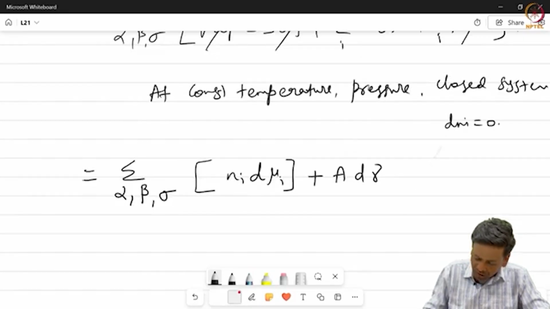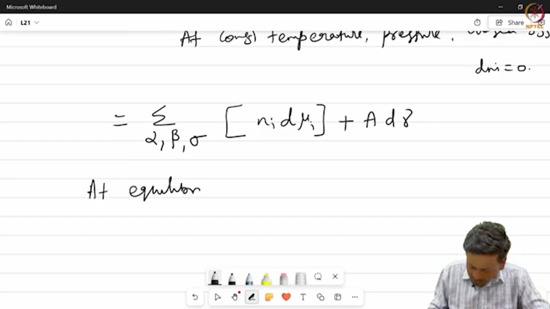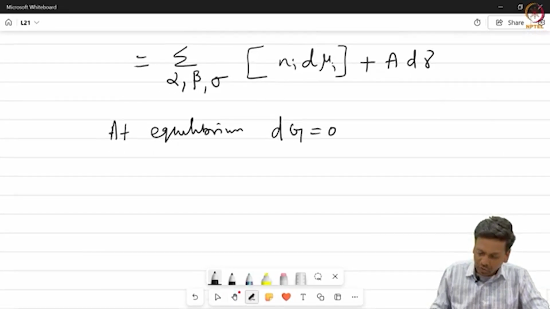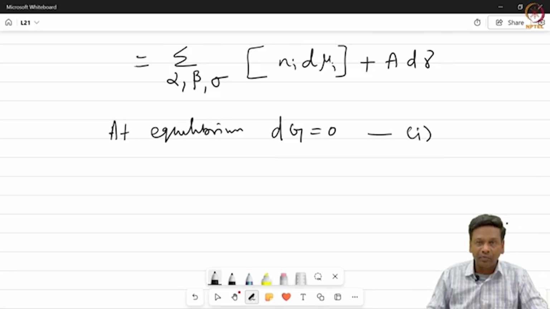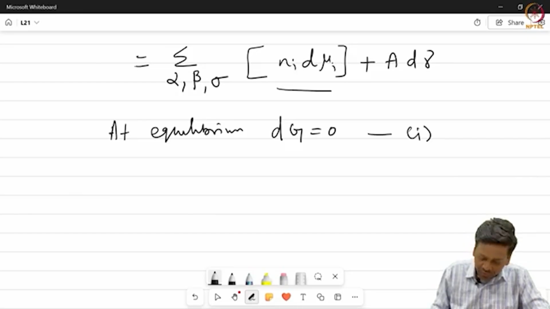So, at equilibrium, we know that dG is supposed to be equal to zero, right. This is one condition that we have. The other essential condition that we know is for the mixture, that is alpha and beta, these two are bulk phases.